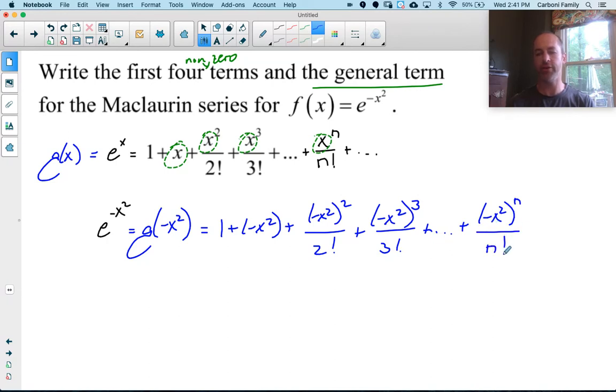And I did have to do that last part because it did ask for the general term, and so I needed to do the general term with n's in it as well. You could stop here for this. That does answer the question.